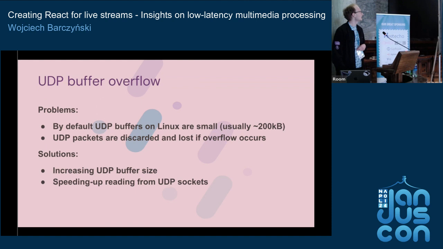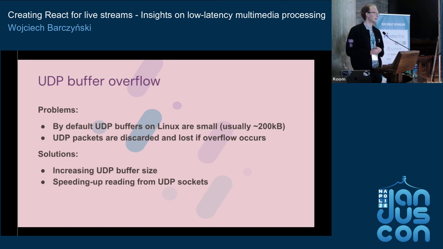Okay, so we hit UDP buffer overflows. And this wasn't the first time we did it. We hit it a few times earlier in Membrane as well. By default, UDP buffers are quite small on Linux, only around 200 kilobytes. And if you get a keyframe at the beginning and a lot of B-frames next, you can easily overflow it. The solution for that was firstly increasing the UDP buffer size.